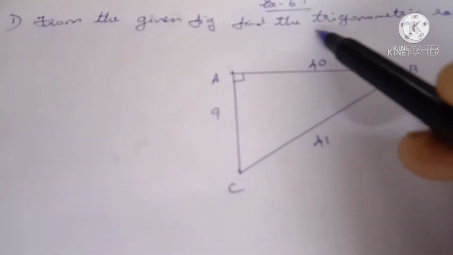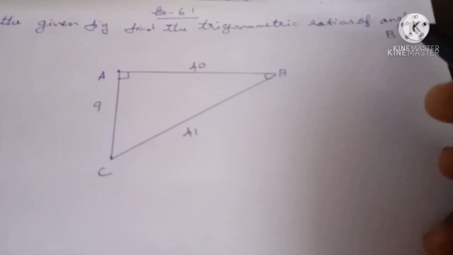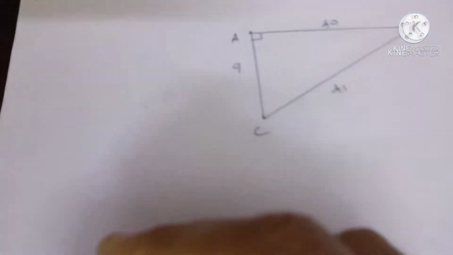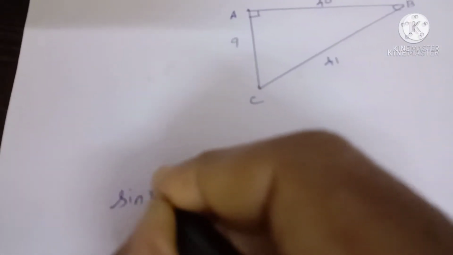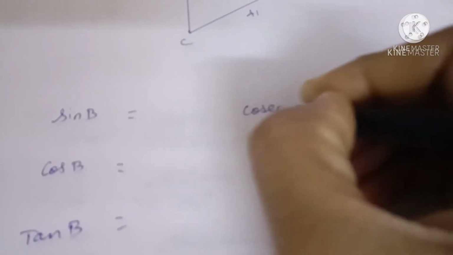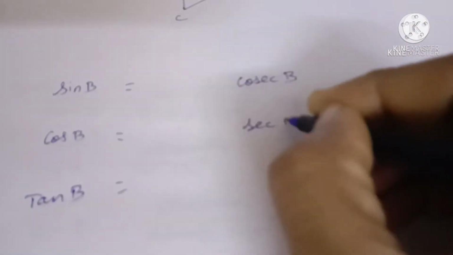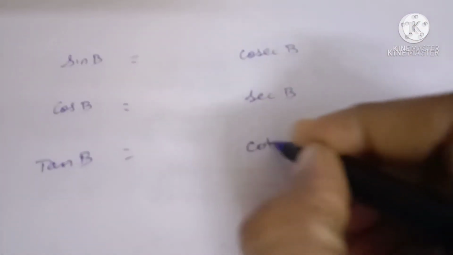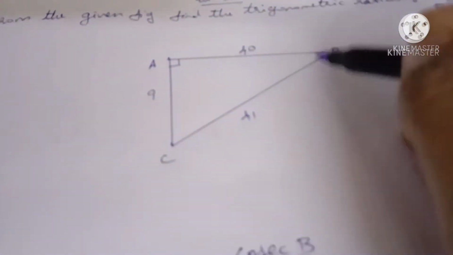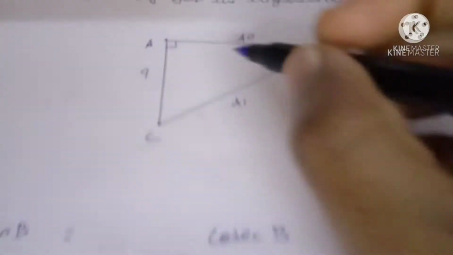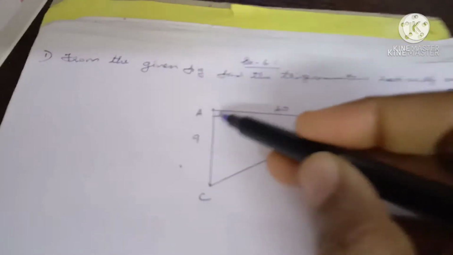From the given figure, find the trigonometric ratios of angle B. So the trigonometric ratios you know very well: sin B, cos B, tan B, and then cosec B, sec B, and then cot B. If they give the triangle, first write down which is the hypotenuse, which is the adjacent side, which is the opposite side.